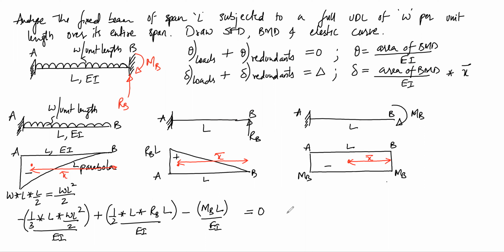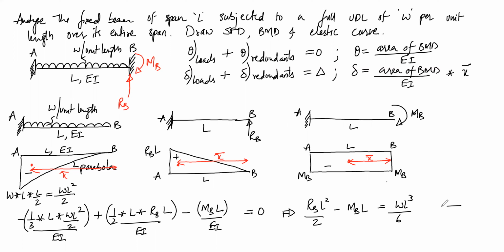Now if we simplify this equation, we get RB L square by 2 minus MB into L is equal to WL cube divided by 6.